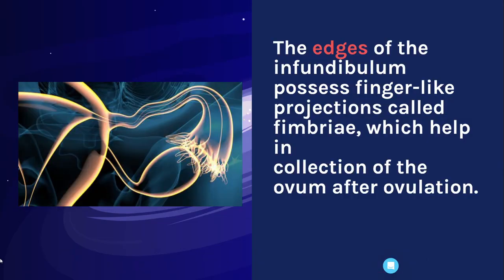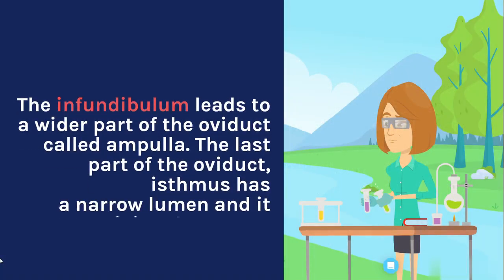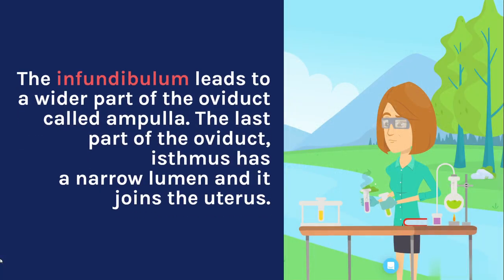The edges of the infundibulum possess finger-like projections called fimbriae, which help in collection of the ovum after ovulation. The infundibulum leads to a wider part of the oviduct called ampulla. The last part of the oviduct, isthmus, has a narrow lumen and it joins the uterus.